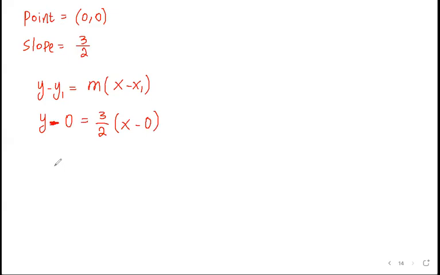Y minus 0 is y, equal to 3 over 2 times x, because x minus 0 is x. This is my equation. Makes sense? Is this one clear?